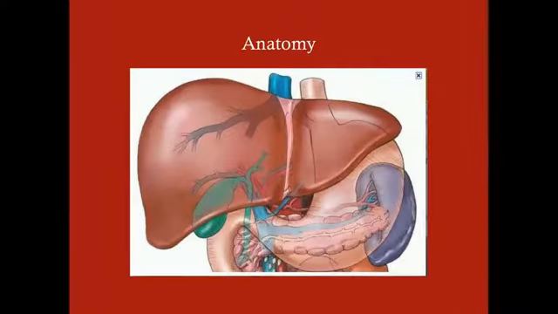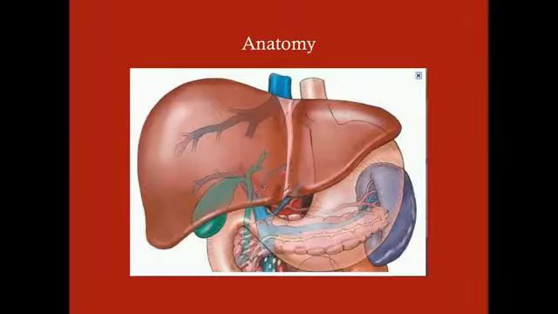So the anatomy of the liver, usually the left and right lobes by most people are divided up by the falciform ligament, this ligament traversing the liver right here. So you have your left lobe here and your right lobe here. Some people like to divide the liver up into which artery it gets its circulation from. So in that case, you have your hepatic artery here, and then your left hepatic artery and your right hepatic artery.